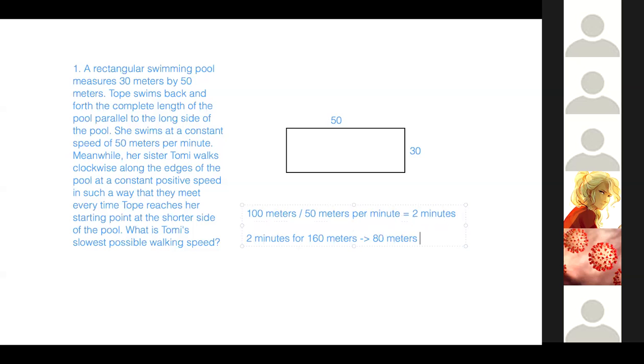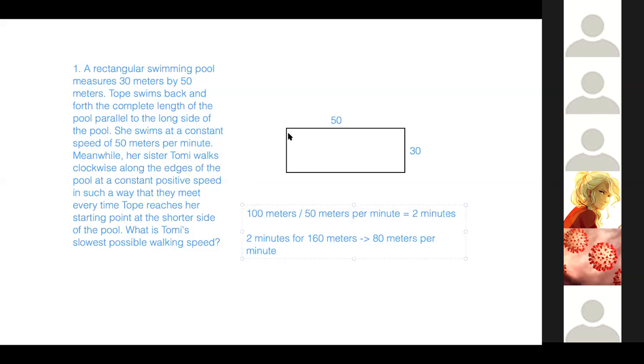Good. Yep, that's correct. So one extension to this. What would be the next slowest speed that Tommy could be walking to make this still true, that they meet every time she reaches the end?